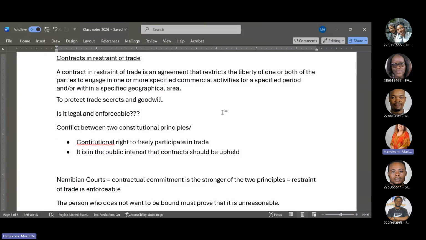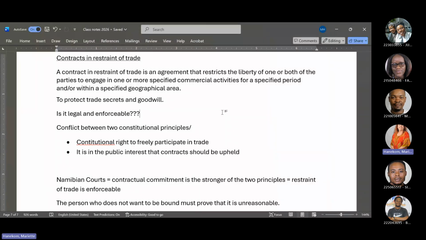Firstly, in terms of our Namibian constitution, it is a guaranteed freedom that all people have the right to freely participate in the trade of their choice.